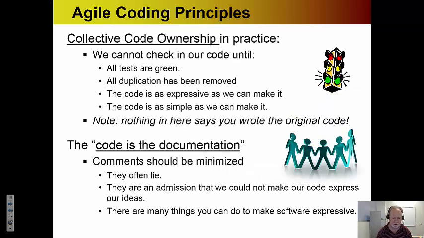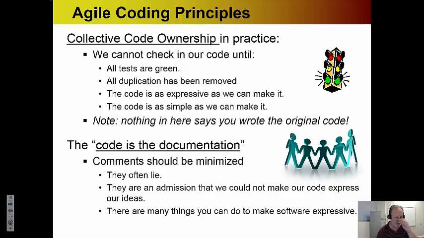I want to go back and talk a little bit about Kool-Aid for a couple of slides. Collective code ownership is a Kool-Aid from Agile that talks about how everybody on the team owns the code. All right.